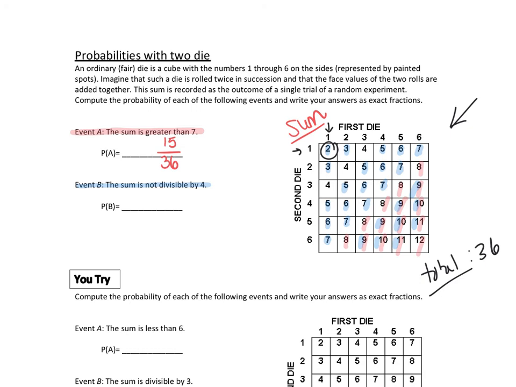So if I go ahead and count all of the blues, I will have my probability. We've got 1, 2, 3, 4, 5, 6, 7, 8, 9, 10, 11, 12, 13, 14, 15, 16, 17, 18, 19, 20, 21, 22, 23, 24, 25, 26, 27. So my final answer here would be 27 out of 36.